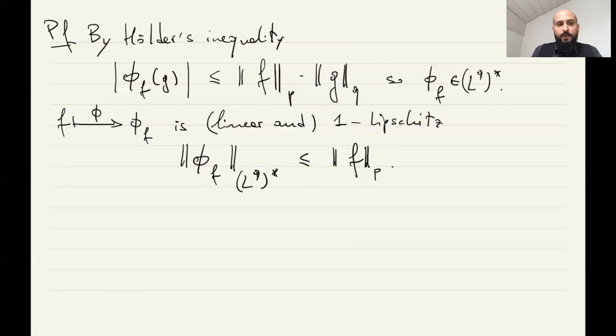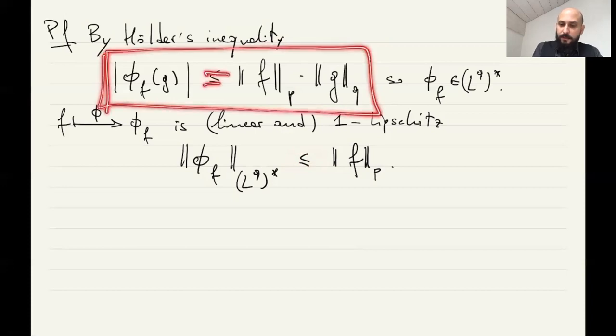Now what we want to prove is that we actually have equality. So we will need to find a good g to show that for some g this becomes an equality.